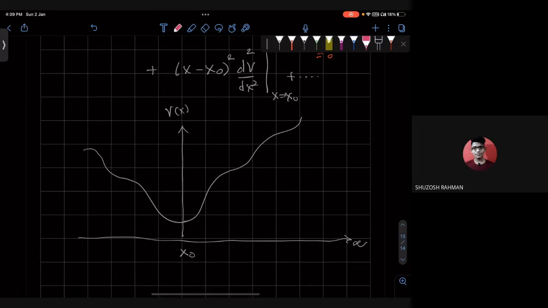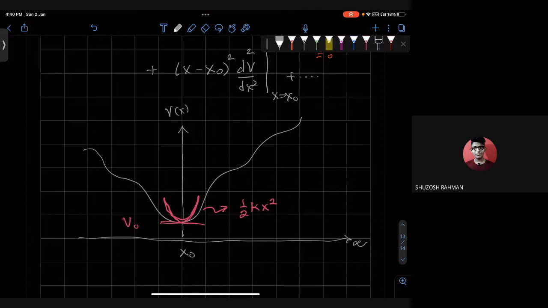Near the minimum, this potential is approximated by a quadratic function. So it can be written as half k x squared, with an appropriate change of variables. And we don't care about some constant value.